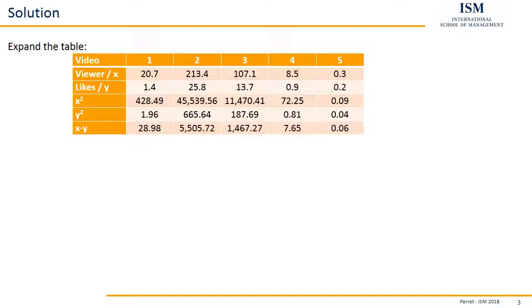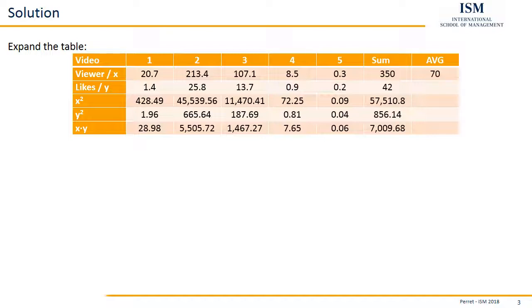However, we are not interested in these values by themselves, but we want them to calculate the sum of all 5 videos, generating these numbers, so that in the final step we can divide them by 5, the number of observations. So here we have 5 videos, so 5 observations, that we get the average amount.